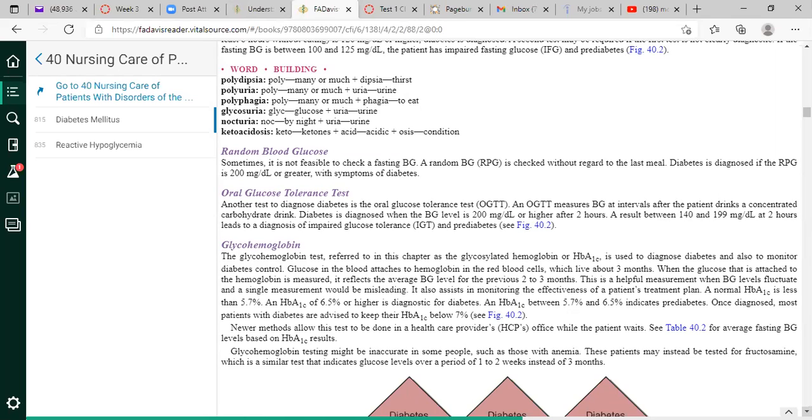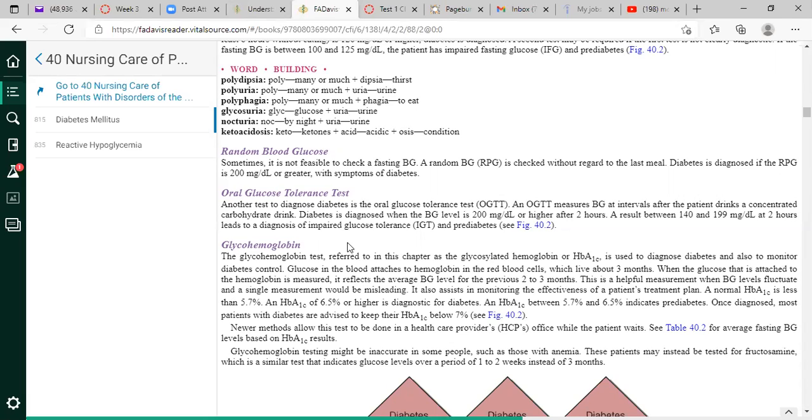So as future nurses, your diabetic patients who are already diagnosed with diabetes, the doctor may order this test every 3 months. And that's just the check to see, hey, we want to make sure your blood sugar is being controlled, because it's a way of figuring out if this individual's blood sugar is really being controlled. So we want to run this test about every 3 months to see what you are running.